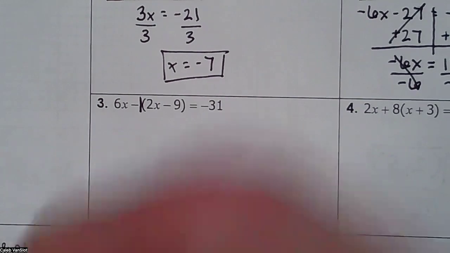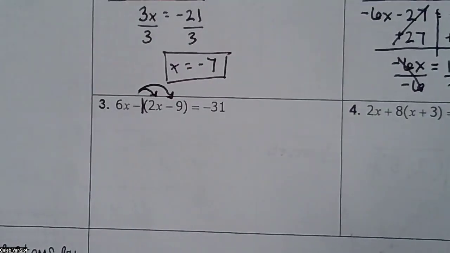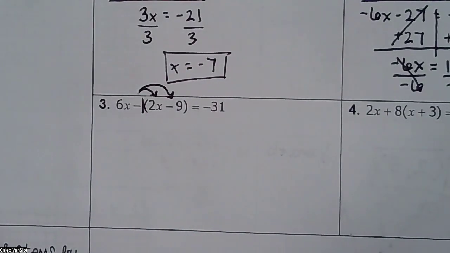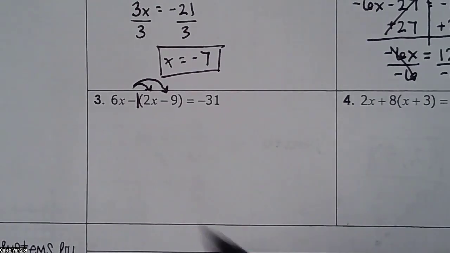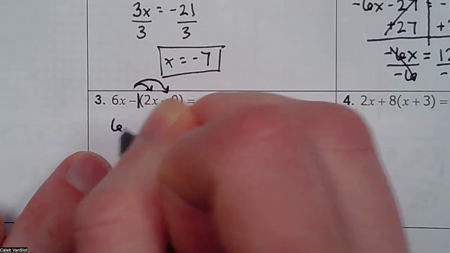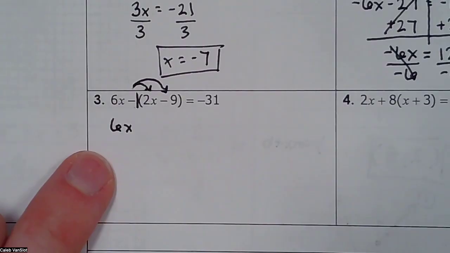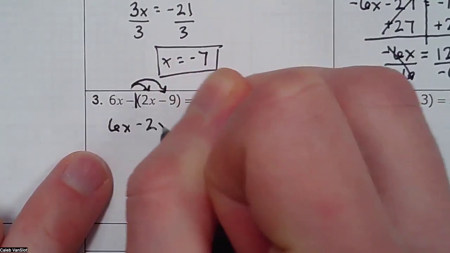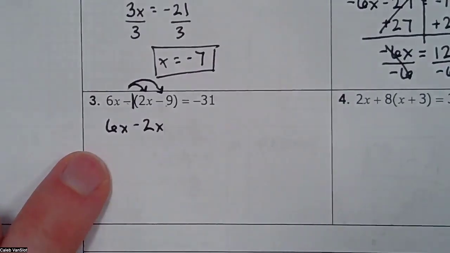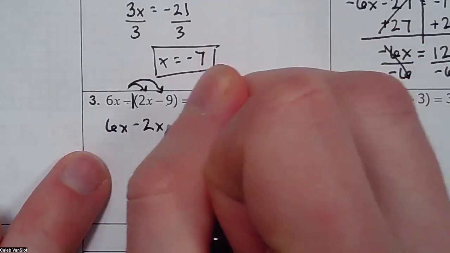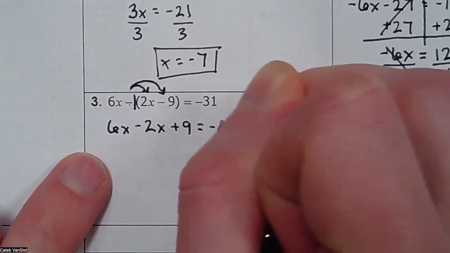We can't do anything until we multiply this -1 into both of our terms. Does everybody remember how to distribute, right? You multiply that outside term into each of the inside. So I'm going to bring down my 6x for now, right? Nothing's going to change there. Because what's -1 times 2x? Yes, -2x. What's -1 times -9? +9. I feel like I sort of gave it away there.